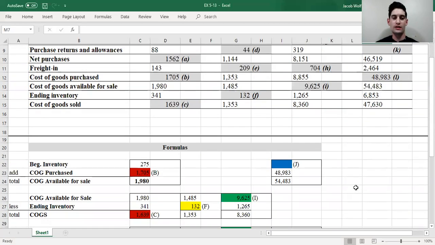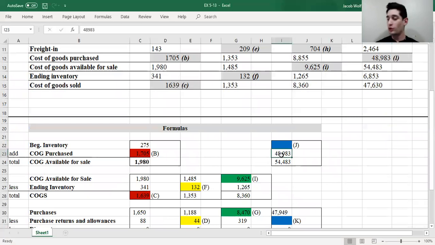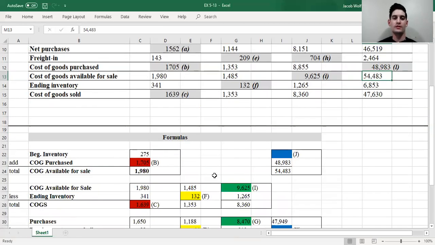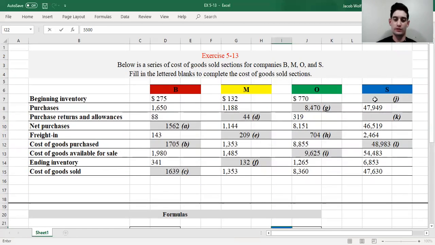For our beginning inventory, we take our cost of goods purchased, which is 48,983, and cost of goods available for sale, which we are given here as 54,483. We plug those two numbers in, and then we take the cost of goods available for sale, 54,483, and subtract cost of goods purchased, 48,983. That gets us 5,500 as a beginning inventory.